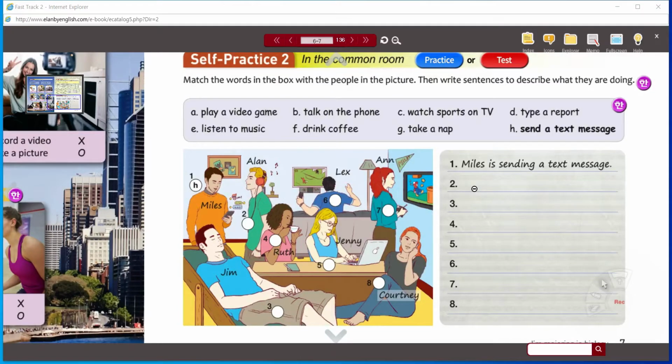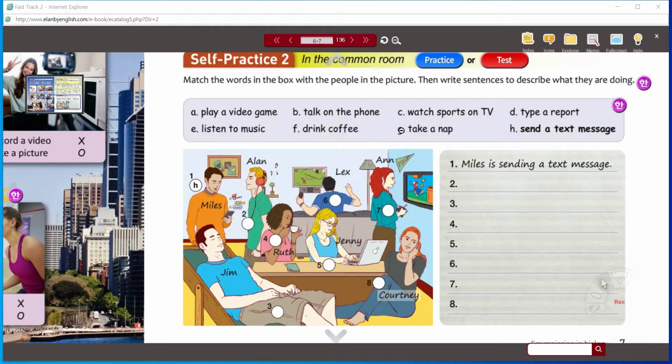All right, so number 1 is done for you. Number 2, looking at Alan. What is Alan doing? Okay. Alan, E. Alan is listening to music. So write that here. Number 3, okay. Jim. What is Jim doing? Okay.